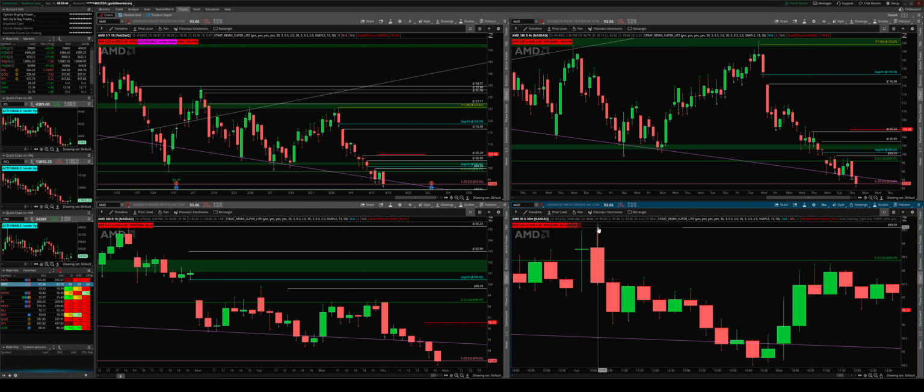We went up to try the 99.60 area, and then we go 2 down. Now, this is what a failed 2 looks like. It's a 2 up candle that went red. Or the opposite would be a 2 down candle that went green.